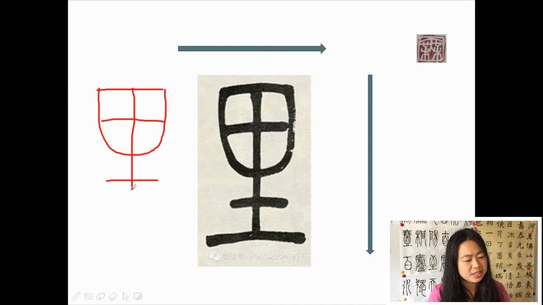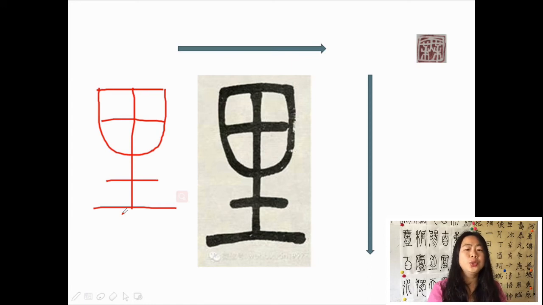By the way, because I draw it on the screen, I can't keep my mouse straight. When we write with a brush, the horizontal stroke should be very straight. Now the last one. This is the order we write this character.